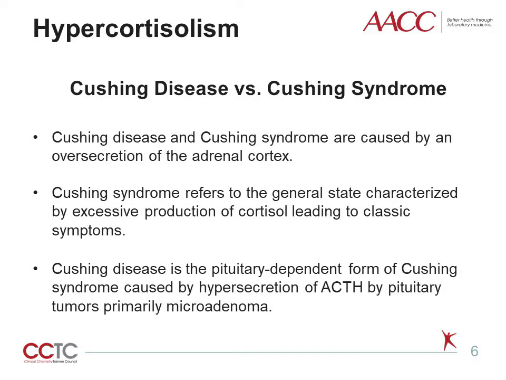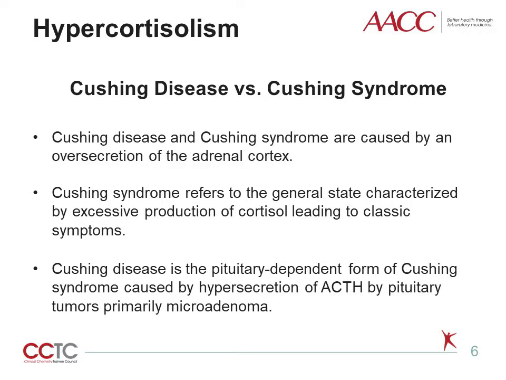So, what's the difference between Cushing syndrome and Cushing disease? Actually, both are caused by oversecretion of adrenal cortisol. Cushing syndrome refers to the general state characterized by excessive production of cortisol and classic symptoms such as obesity, red face, moon face, buffalo hump, thin extremities, pink or purple stripes, and thin skin.